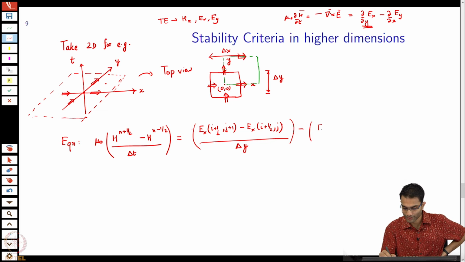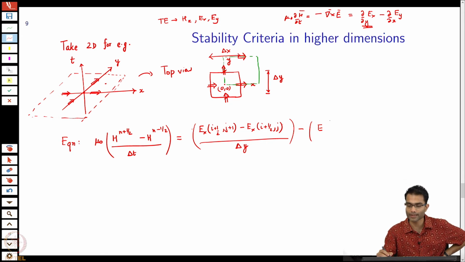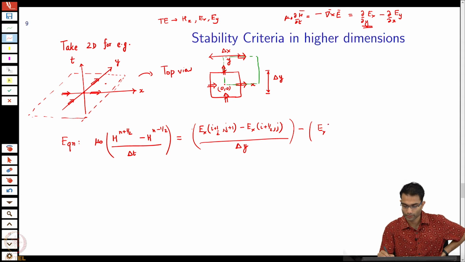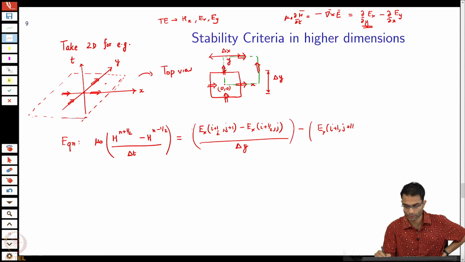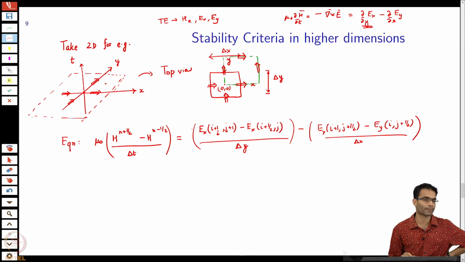Okay. Now we are getting there. The next term is dEy by dx, right. So, Ey. So, it is this minus this, right. So, this is going to be i plus 1 j plus half minus Ey i comma j plus half, right.